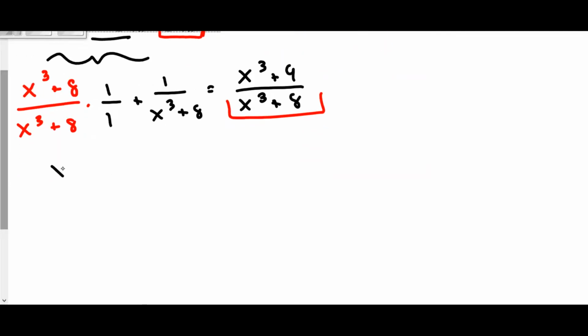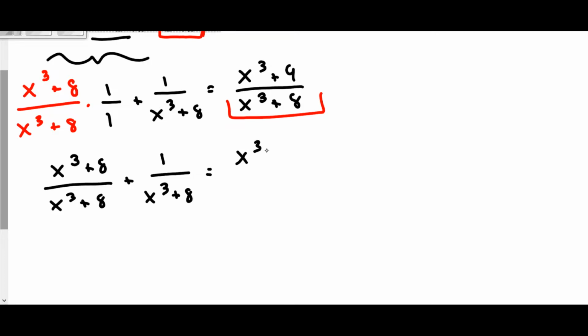So 1 times x cubed plus 8 is just x cubed plus 8 over x cubed plus 8 plus 1 over x cubed plus 8 equals x cubed plus 9 over x cubed plus 8. Now, since we have common denominators, we can combine our numerators.